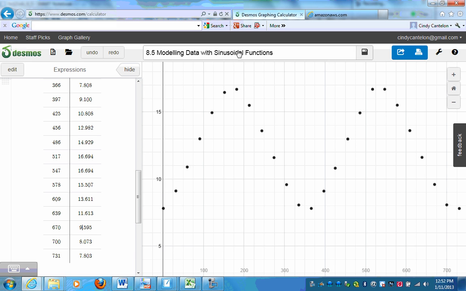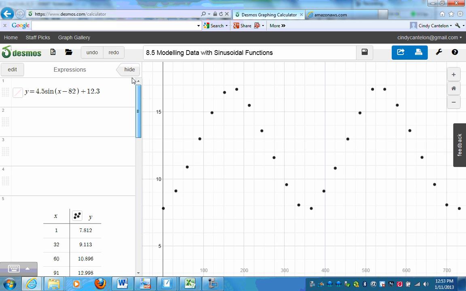So my amplitude is going to be 4. Halfway between 8 and 16, 16 minus 8 divided by 2, is 12, so my midline is going to be 12. If I wanted to make a graph, my midline is about 12 and my amplitude is about 4.